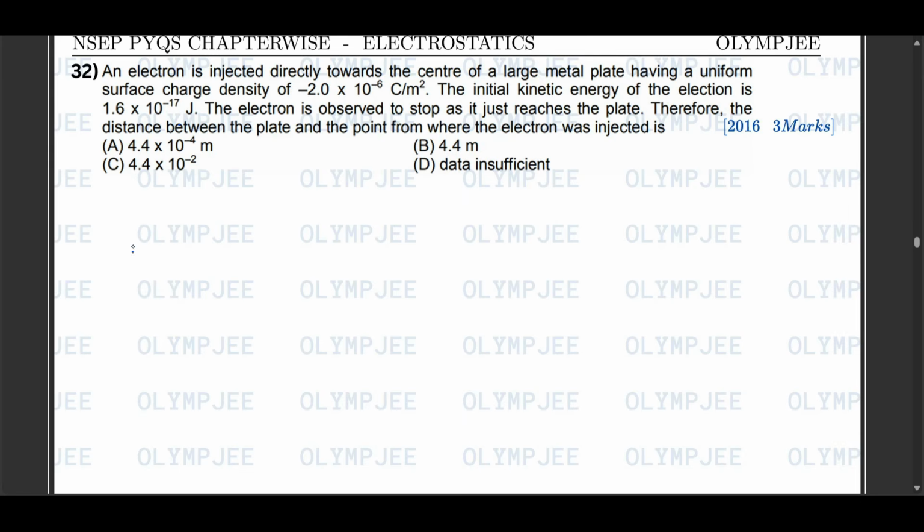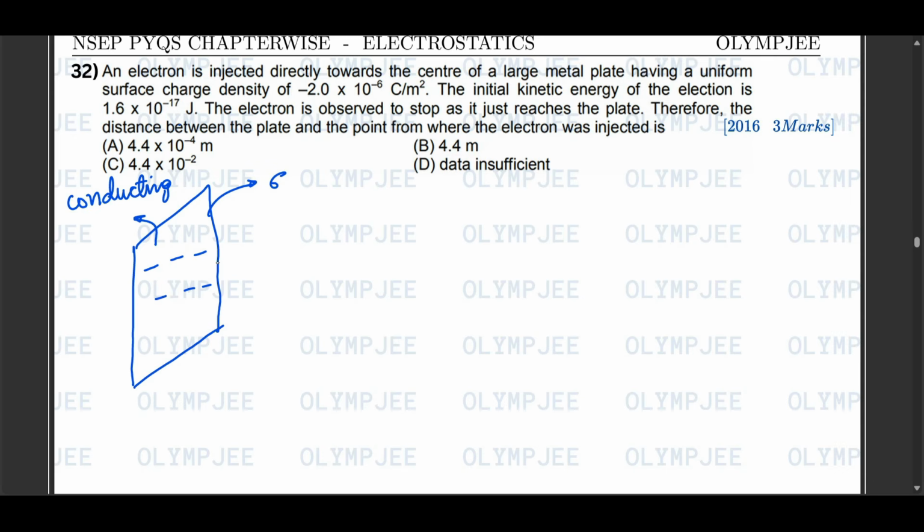First, let us draw the situation. This is a plate, and they have calculated the answer by considering it to be a conducting plate. This has some charge density and it is negatively charged, and an electron is injected from some distance d, and it has some initial kinetic energy.